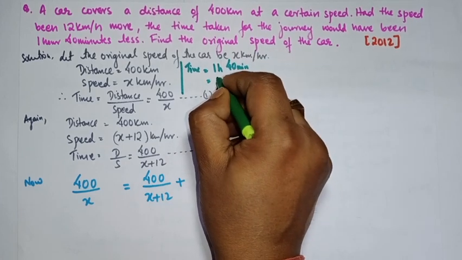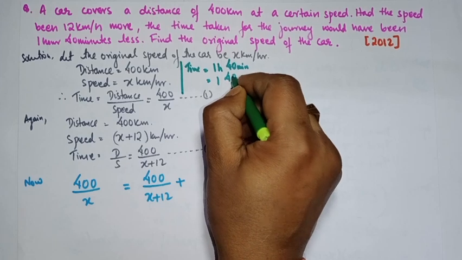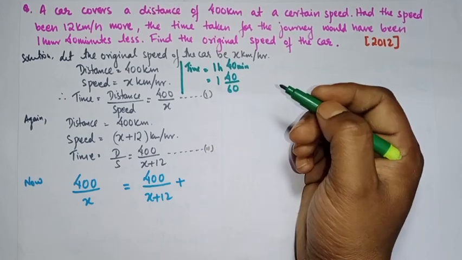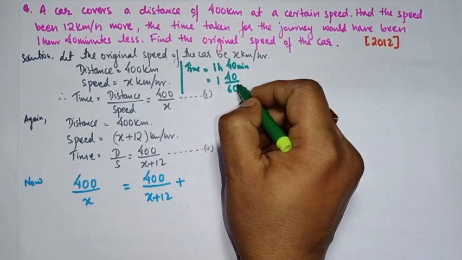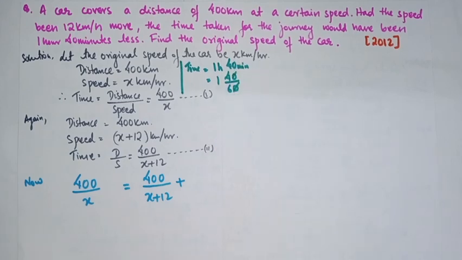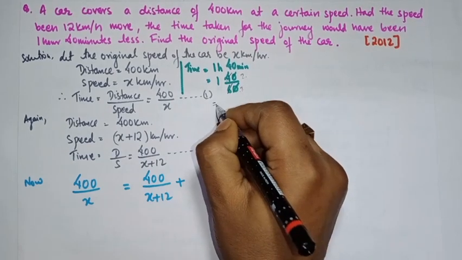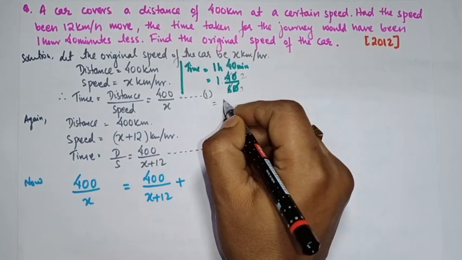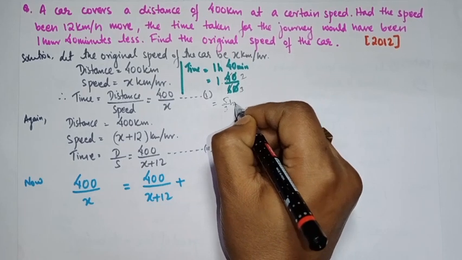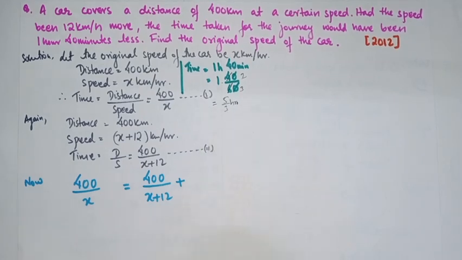How can I write it? 1 will be 1 only, and this will be 40 upon 60, because 1 hour contains 60 minutes. So 0 gets cancelled. 2 3s are 6, 2 2s are 4, so I'll get 3 1s are 3, 4 5. So 5 upon 3 hours. I got 5 upon 3, so I'll write this 5 upon 3 in this.